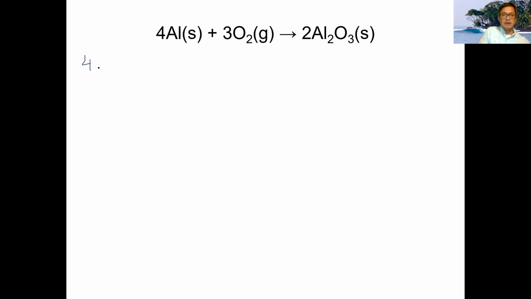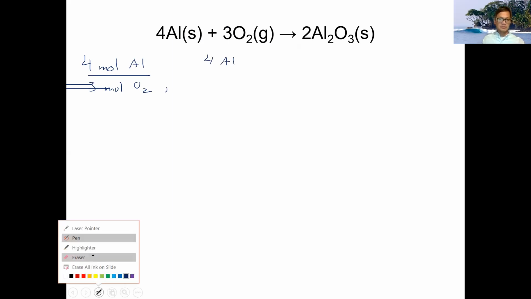So we have 4 moles of aluminum, and we'll make the ratio between aluminum and oxygen. We have 3 moles of oxygen. That's 1 mole ratio. Aluminum to aluminum oxide then it'll be 4 moles of aluminum. I'm sorry, moles. Erase that real quick, sorry.